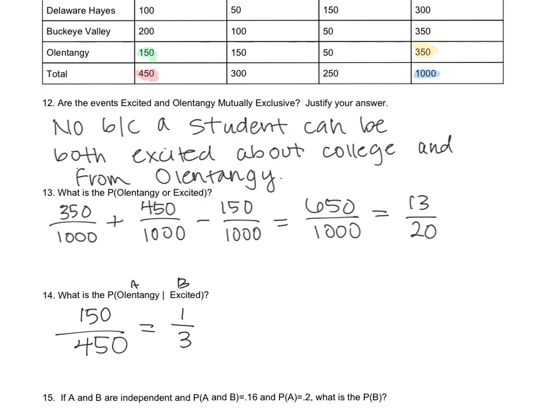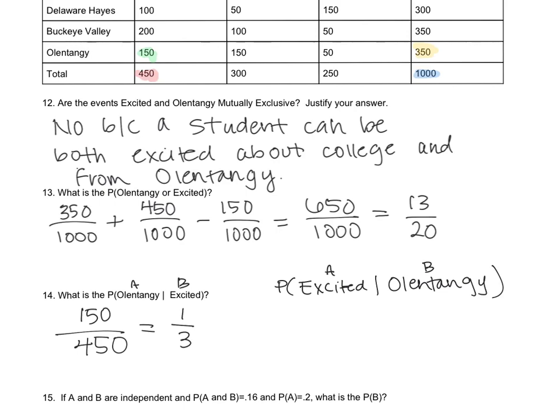I also want to do an extra example where we find the probability of a student being excited about college given they're from Olentangy. I want to show you that the order that we do the givens does matter. So now the probability of a student being excited about college is A, and the Olentangy is our B. So our numerator doesn't change.